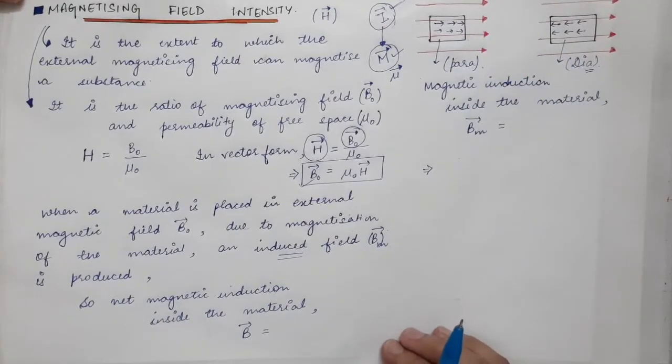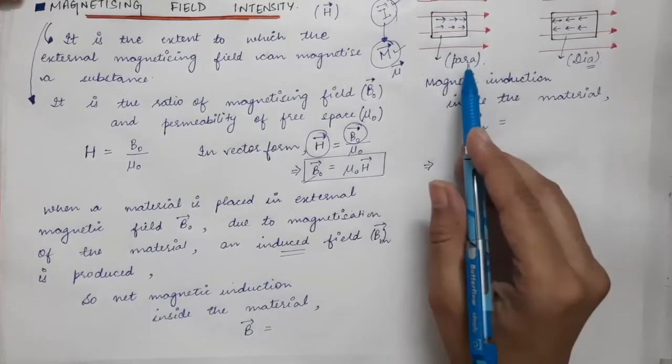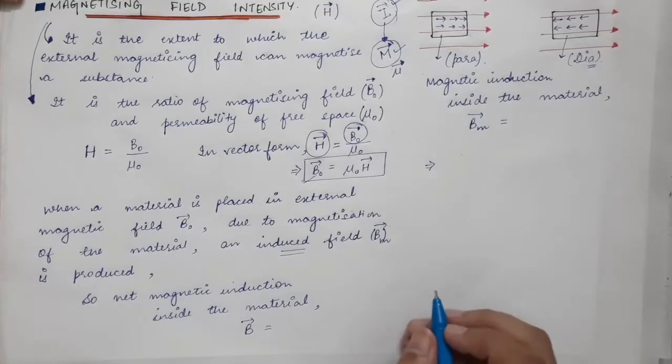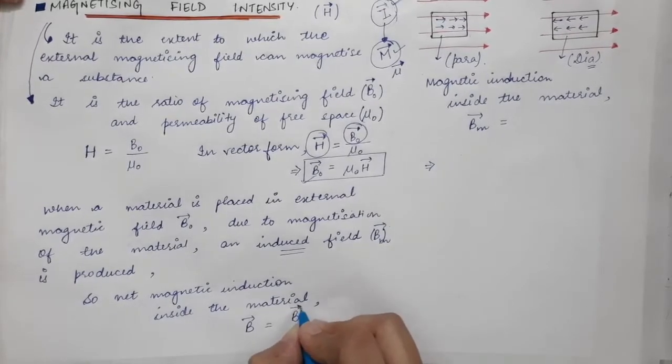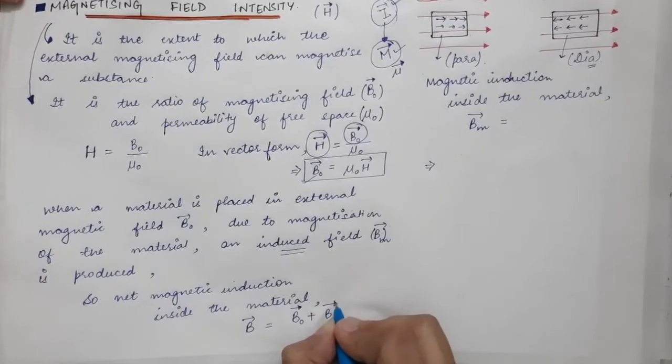If you talk about a general magnetic material, it can be paramagnetic or it can be diamagnetic. So what will be the net magnetic field inside that material? That can be written as the vector sum of B naught vector plus Bm vector.